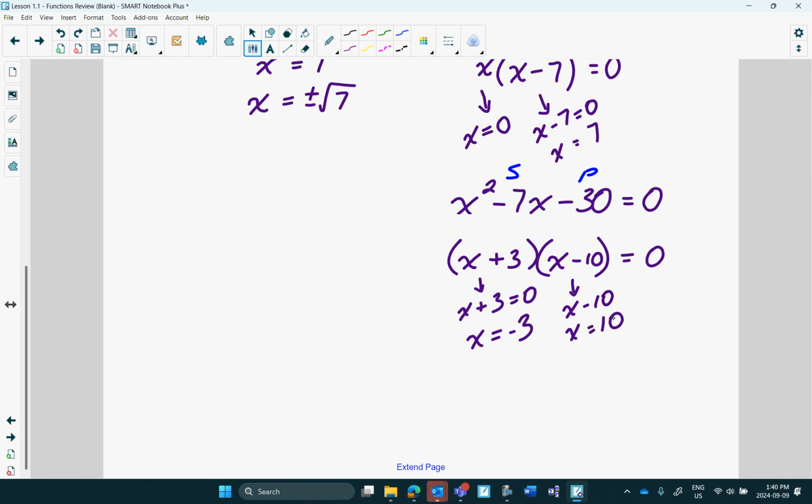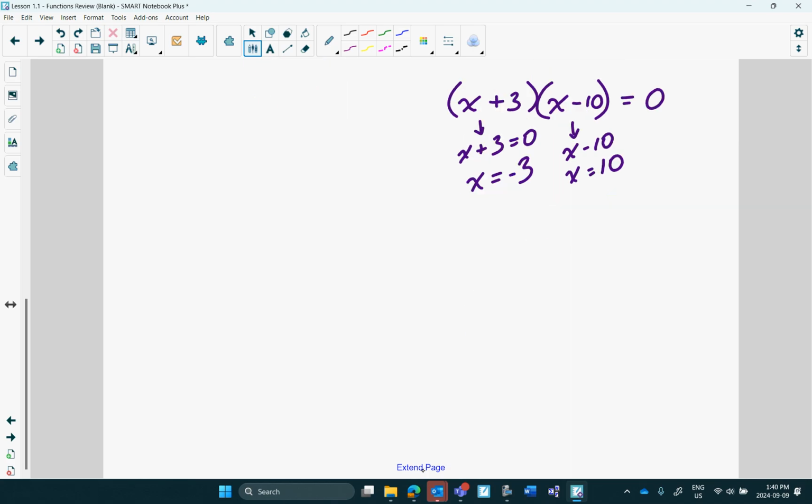Okay. You may see one like this, your favorite, when there's a number in front of the x squared. So let's go 2x squared. Let's see, I've got to make this simple.